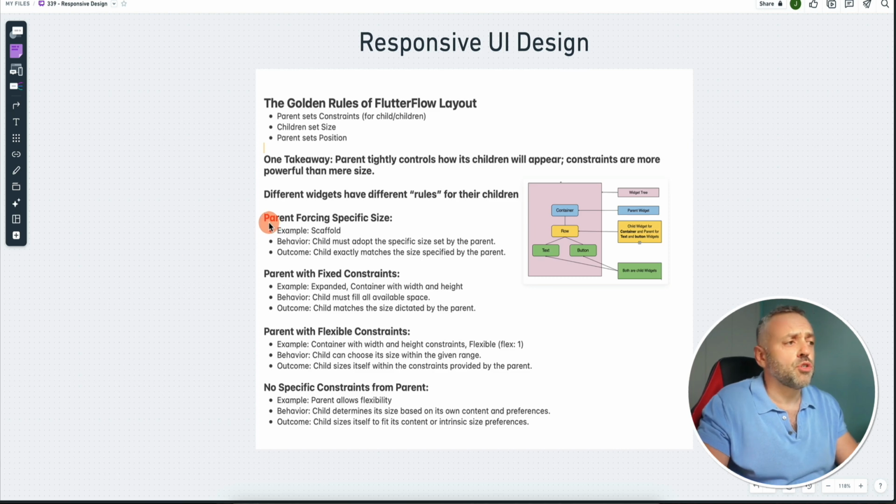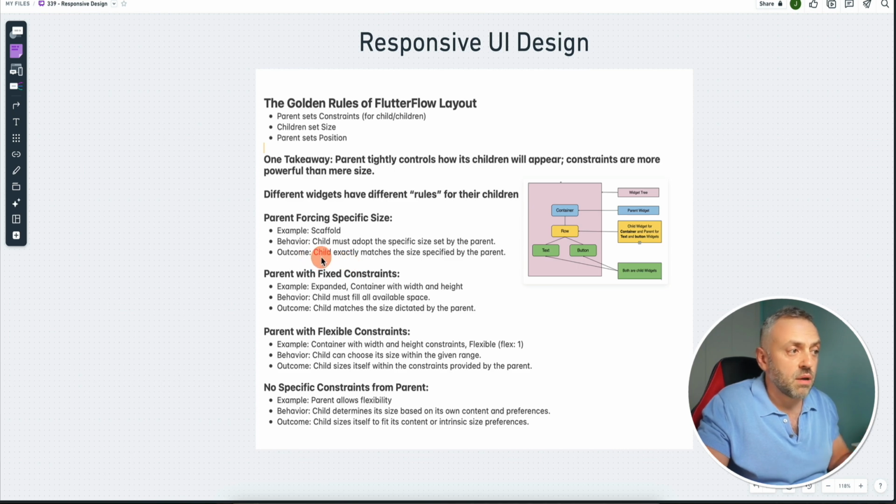We have a situation where a parent is forcing a specific size. One example is something called a scaffold, which is the main page. When you start your FlutterFlow app, you have that main page, and the child needs to expand to that main page. So this is just one scenario: a child must adopt the specific size set by the parent.